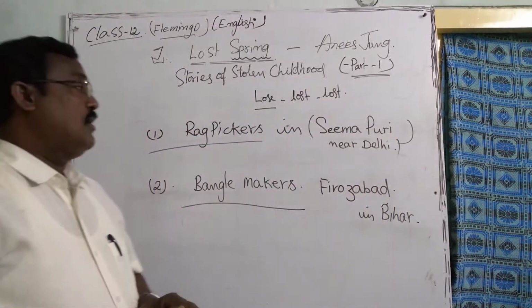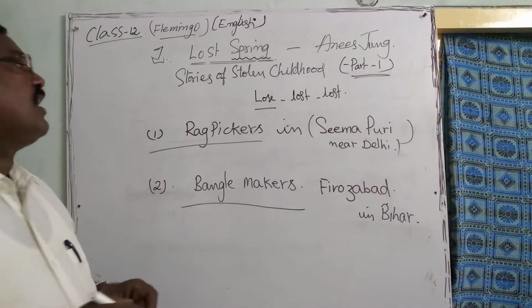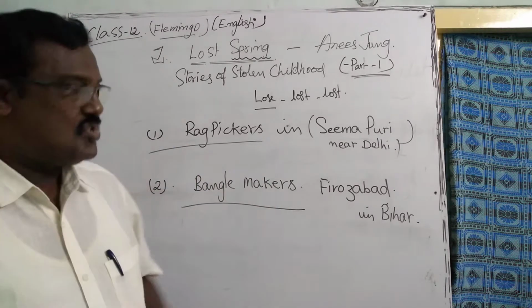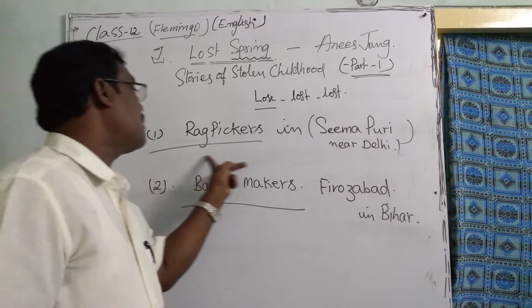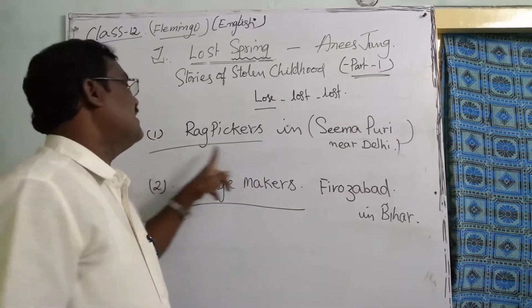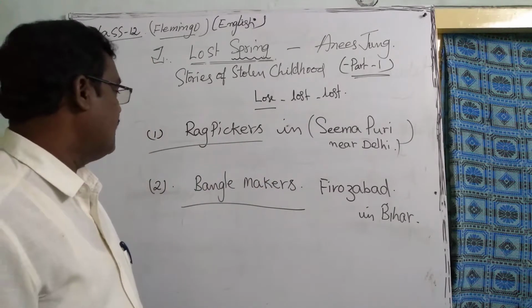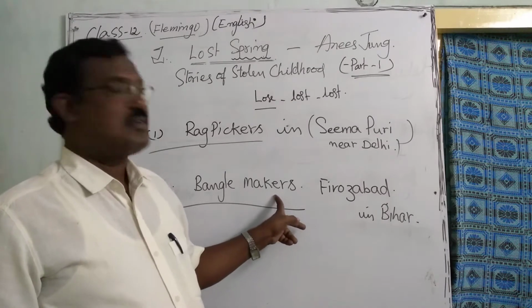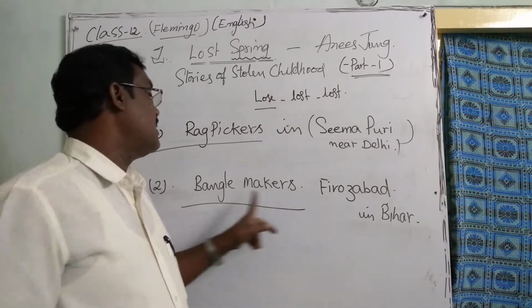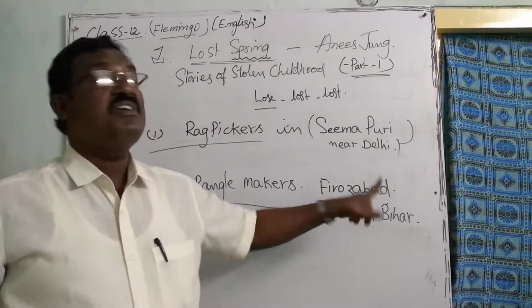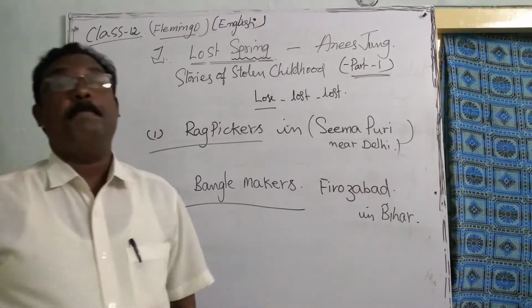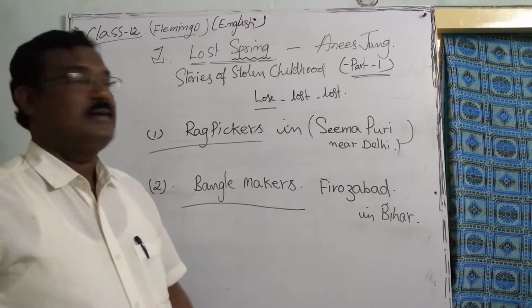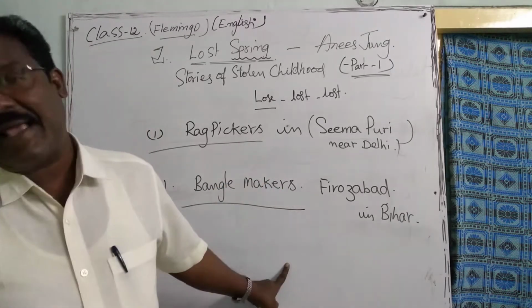So the plight of the children in Seemapuri, where they are doing one work, that is rag picking. And the other part of the lesson deals with the children who are living in Firozabad doing the work of bangle making. Rag picking, bangle making.